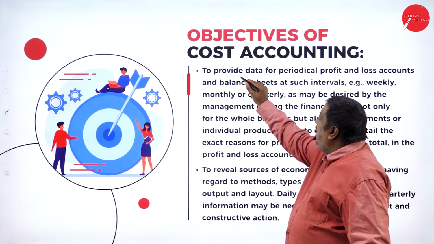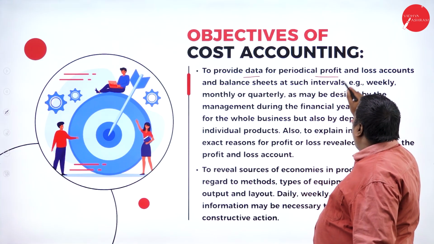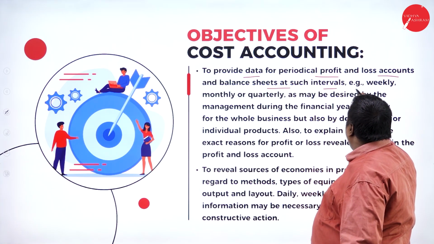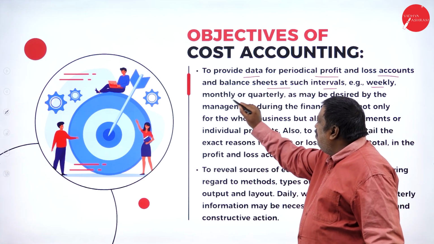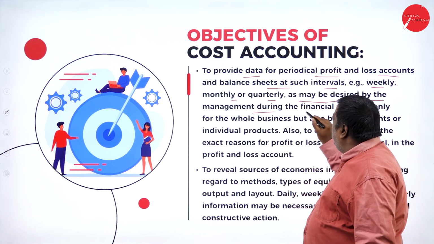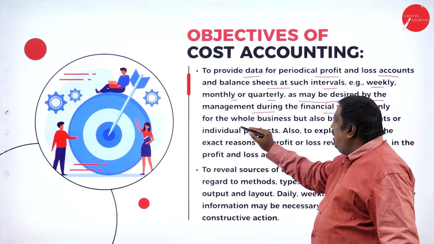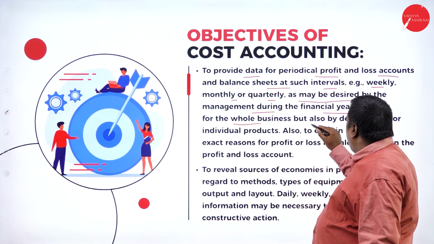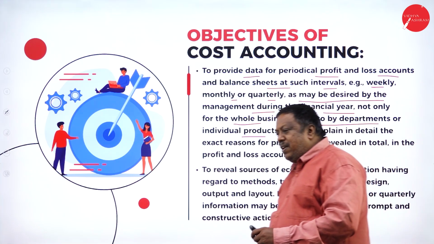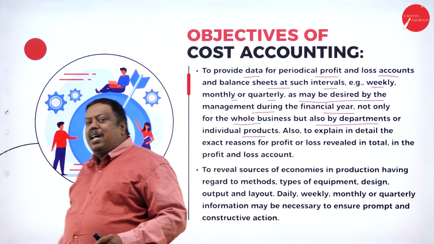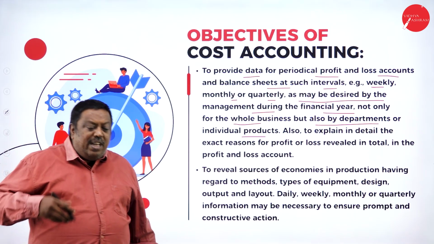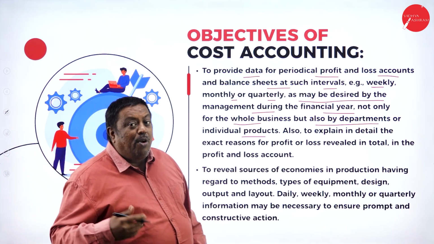Next, to provide data for periodical profit and loss accounts and balance sheet at such intervals, for example weekly, monthly, quarterly, as may be desired by the management during the financial year, not only for the whole business, but also by department or individual product. They're saying that it supports the management in getting information about the financial aspects of products.